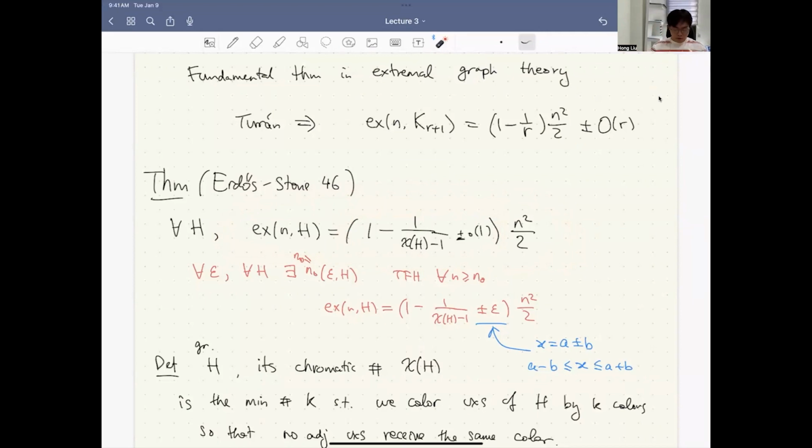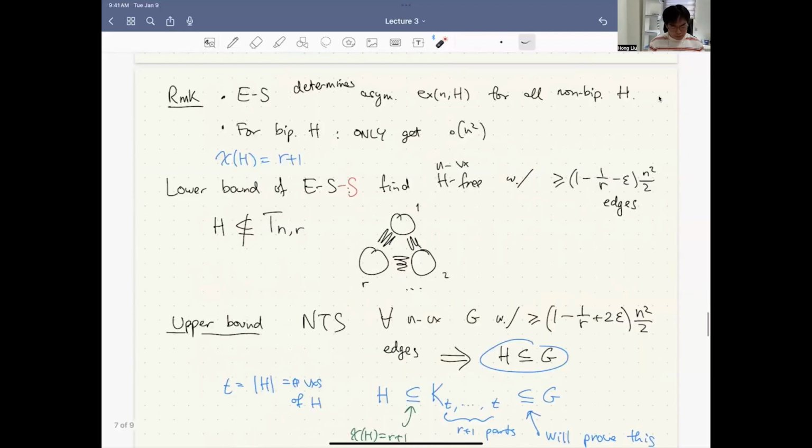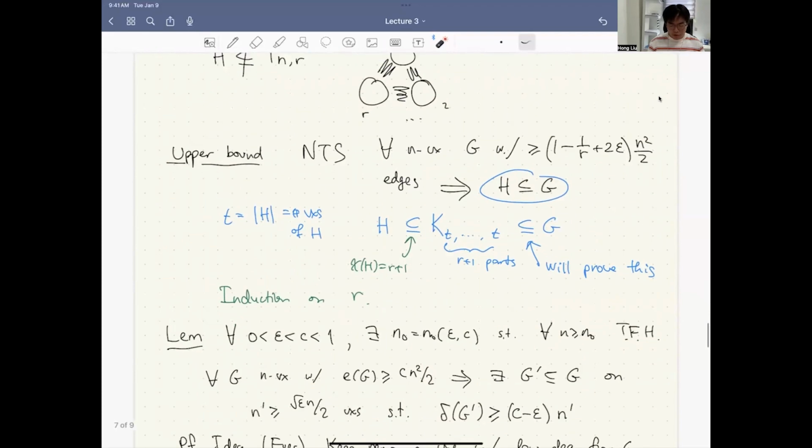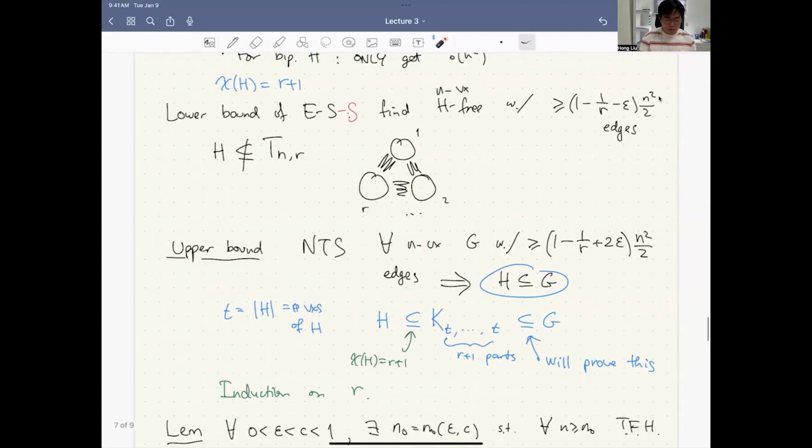This proof is a classical proof, a good illustration of a combination of techniques we've learned so far in the introductory part. So we start by first, the lower bound is easy. Just by taking the Turán graph and using the definition of chromatic number, that works.